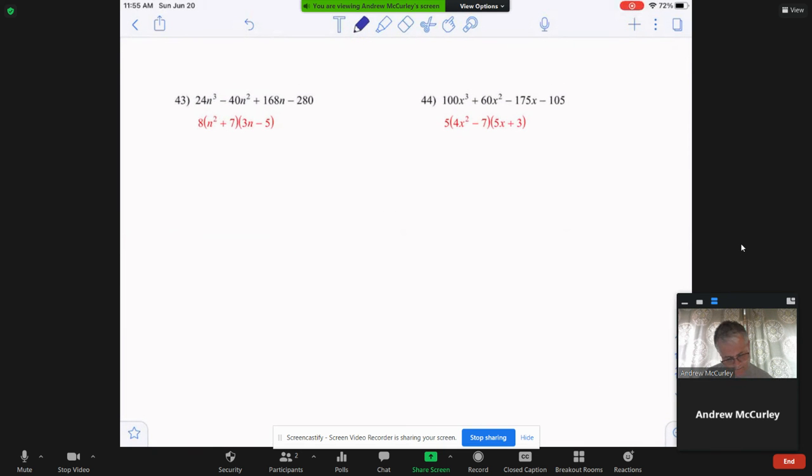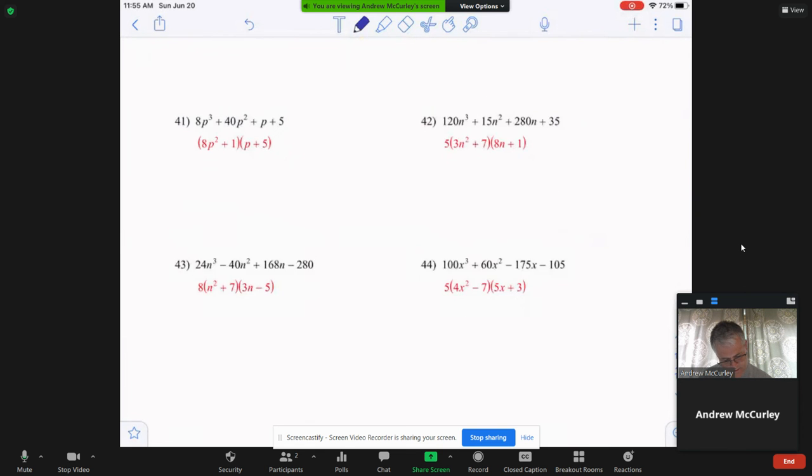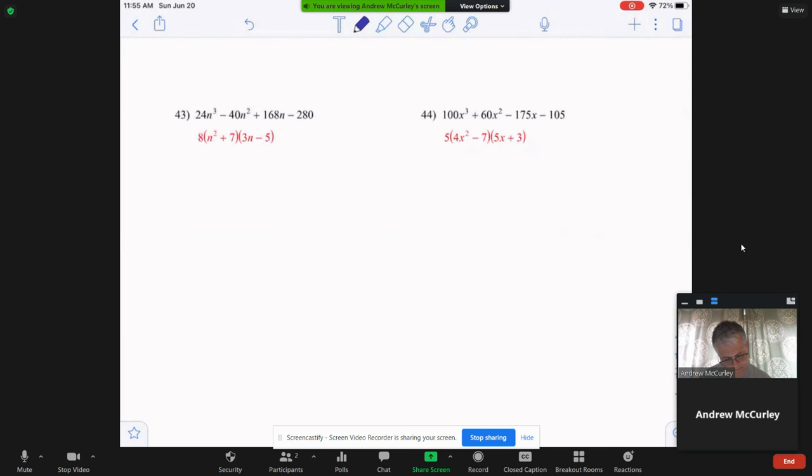So 20x squared minus 21. 20x squared minus 35x plus 12x.